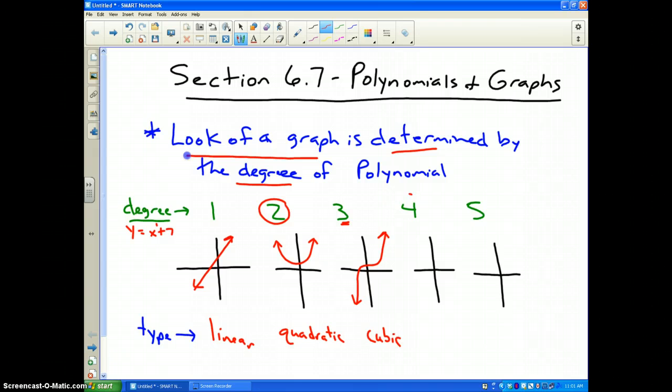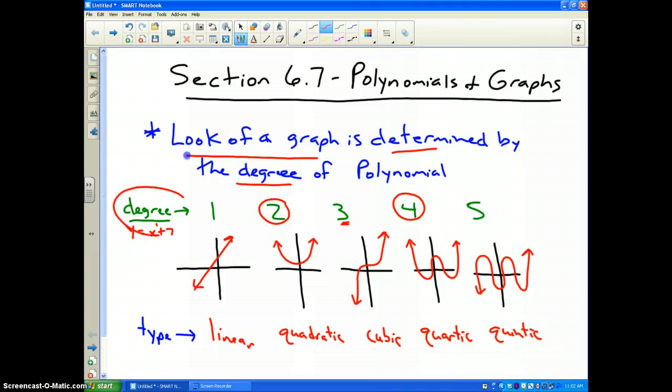If the degree is 4, then it's going to look something like a W. And that is called a quartic polynomial. And finally, if its degree is 5, it's going to look something like that, which is called a quintic polynomial.